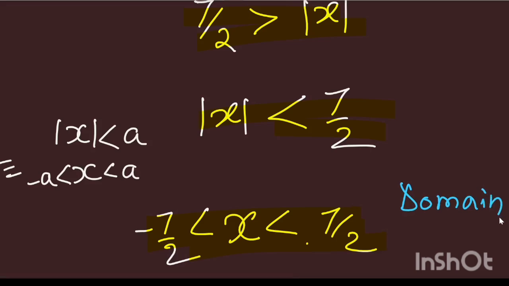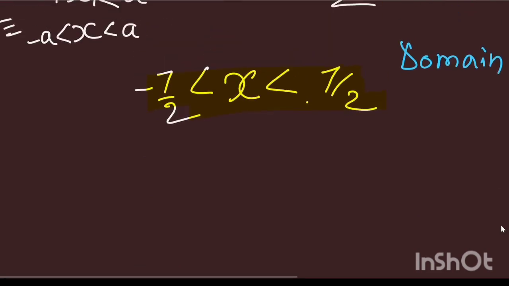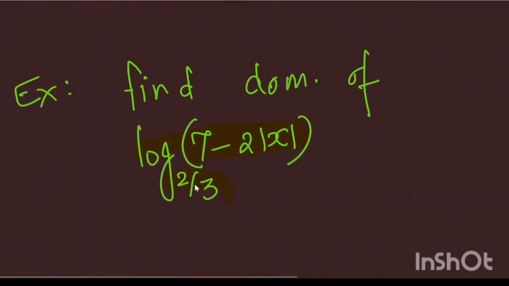Any value inside this range, minus 7 by 2 to plus 7 by 2, if we substitute, we are going to get the value of log of 7 minus 2x as a real value. Real means it can give a positive value or a negative value. That is the meaning of the domain.